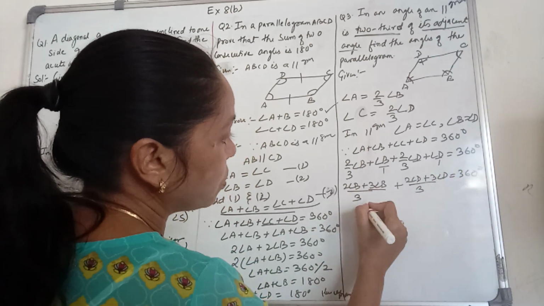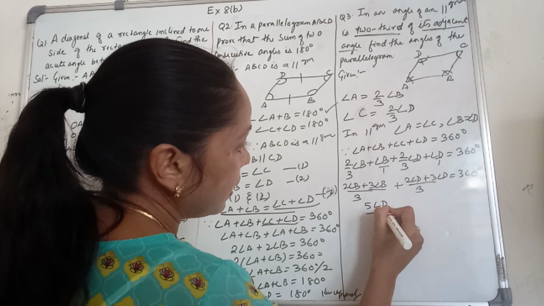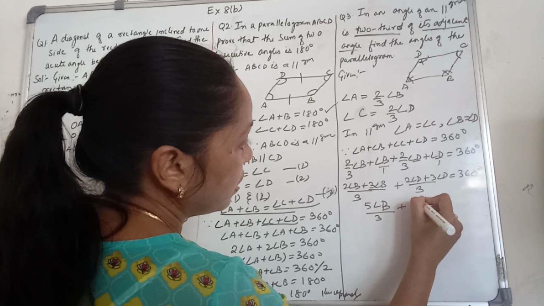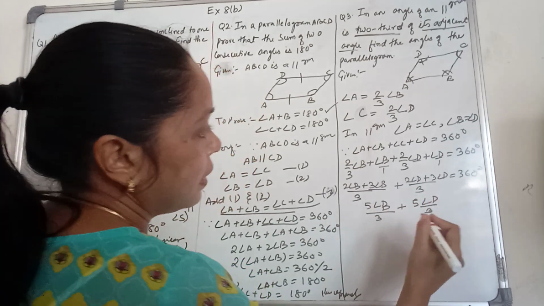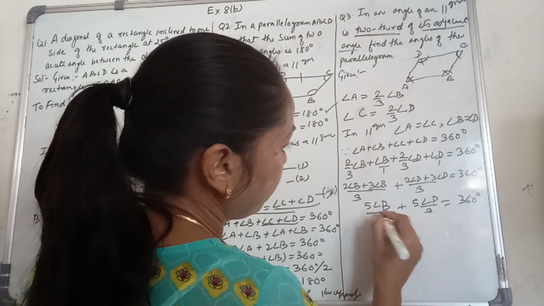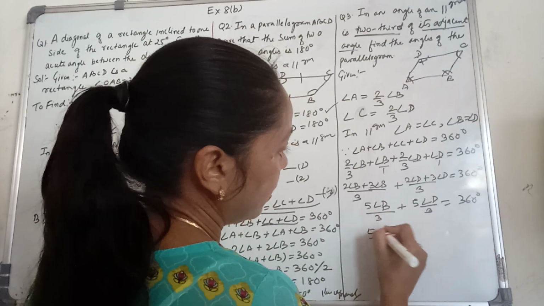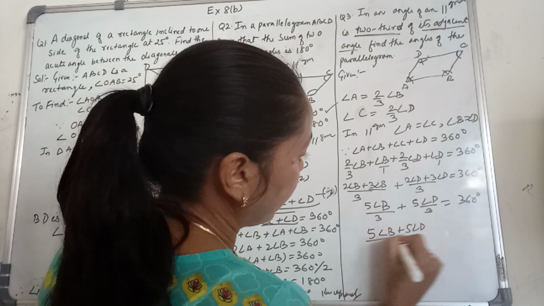Solve it. 3 plus 2 will be 5 angle B by 3 plus 5 angle D by 3 is equal to 360 degrees. Now here 5 angle B plus 5 angle D divided by what?